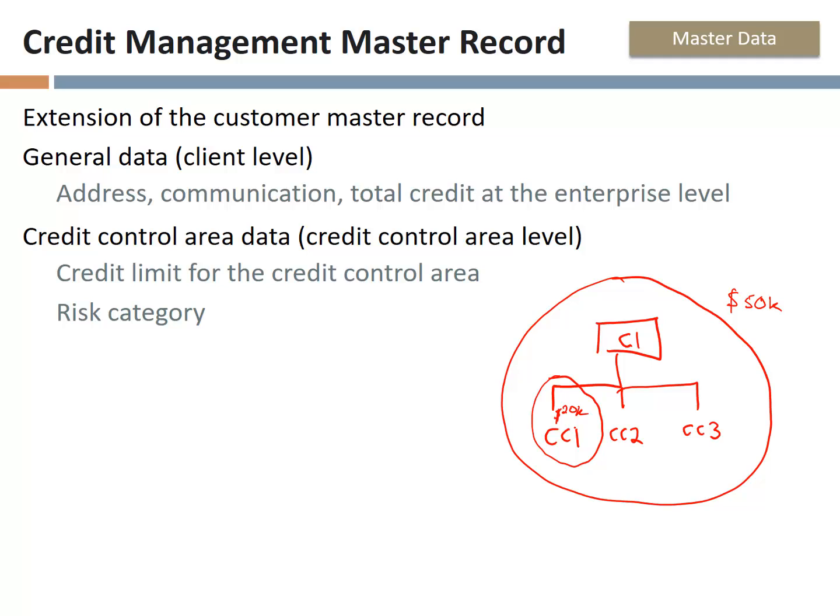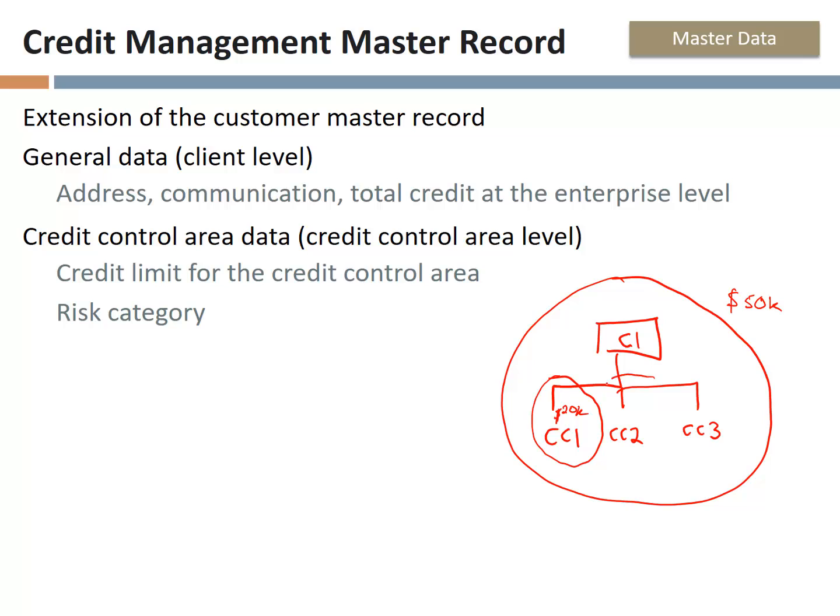Because that $20,000 limit, basically, whenever the customer places an order, we check to see, are they over our enterprise level limit? And if they're not, then we say, okay, do we have anything more specific than that? And we check the rules against that as well. We may not do both of these. We may just have enterprise level checking. We may just have company code level checking.